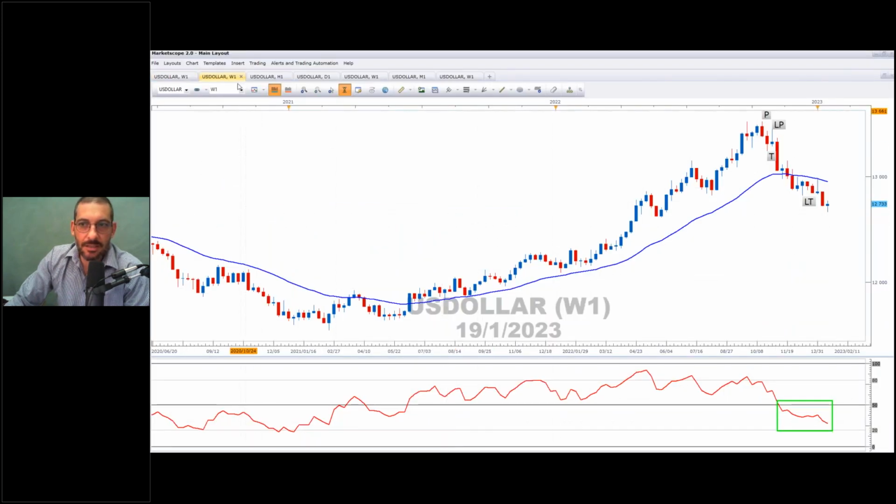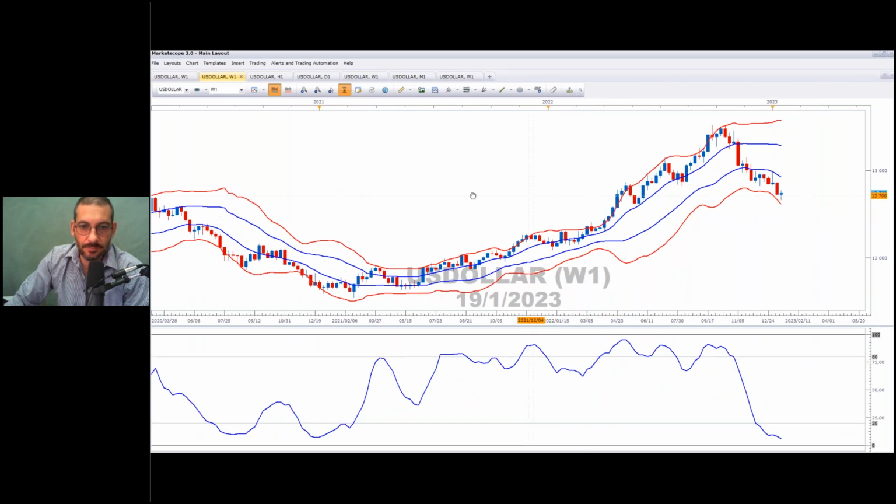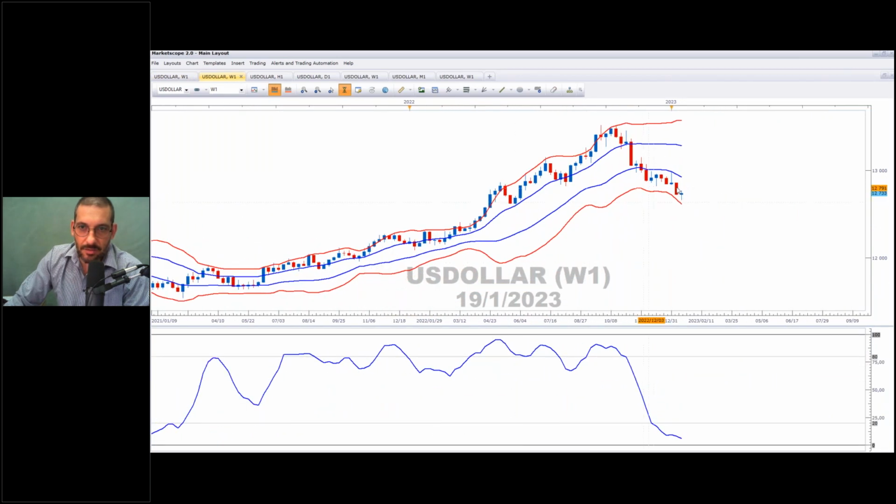Just taking a look at US dollar. US dollar is in zone 3. There's some blue here. Look at the momentum. The momentum is strongly down. So we're in zone 3 with some blue. Is it a matter of a rally in a downtrend?